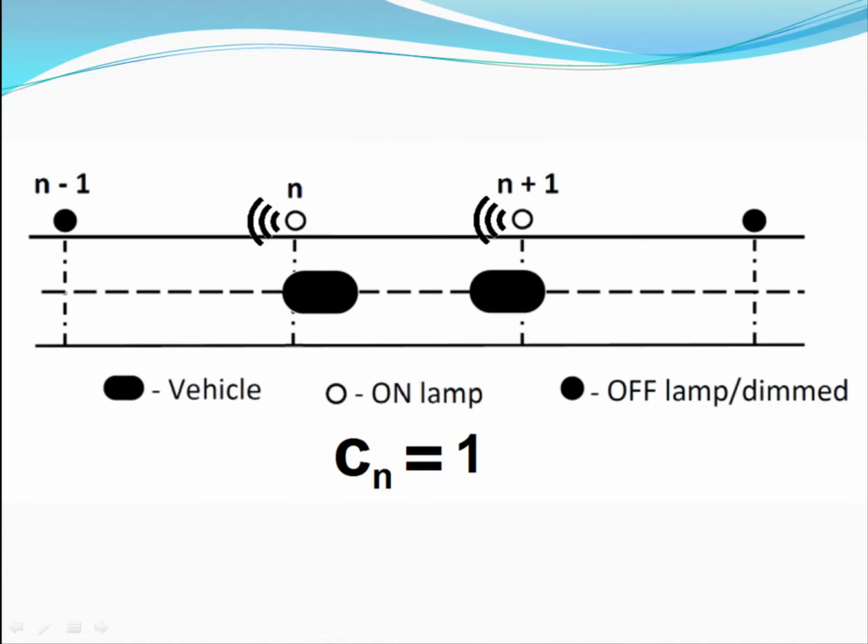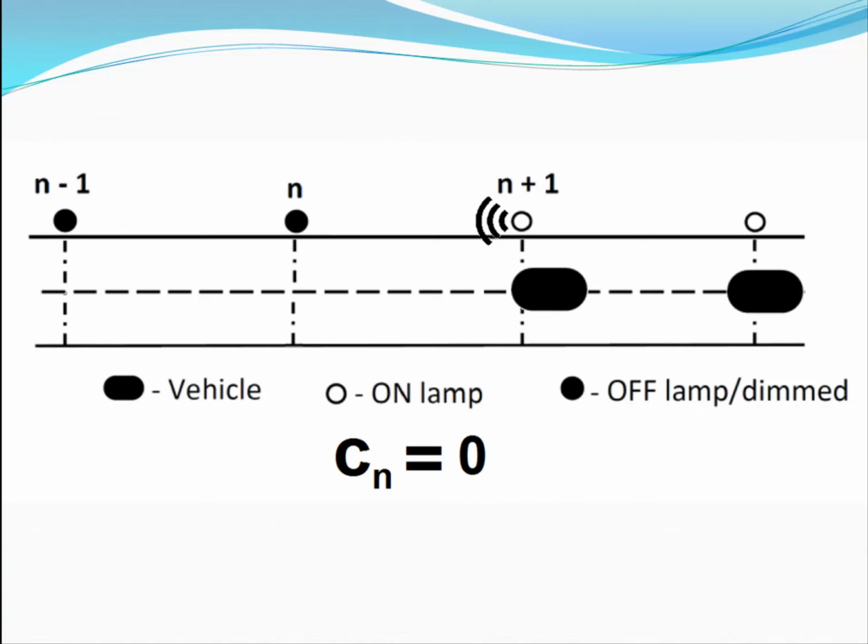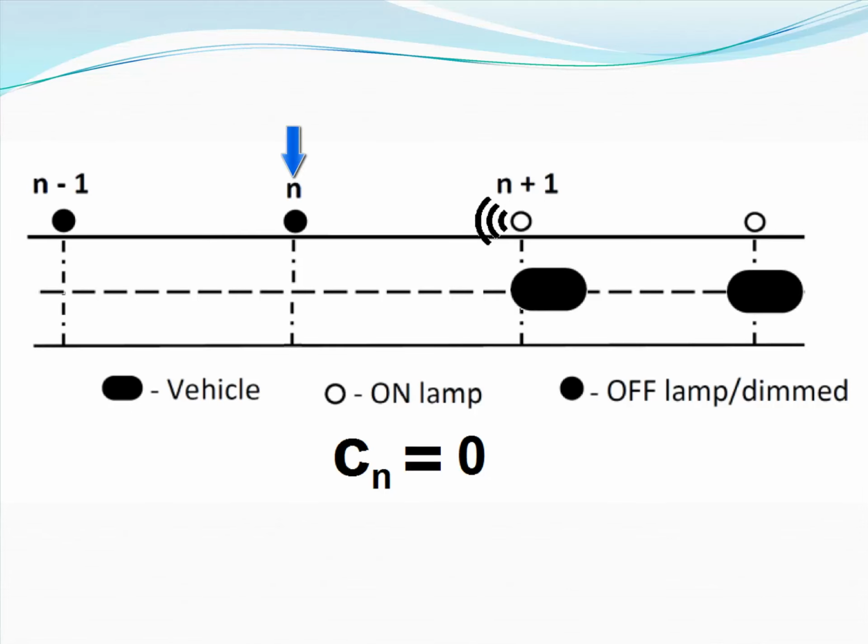Now the first car is leaving the section and entering the next section, so the next node senses the car and sends a message to the current node, which is the middle section, to decrement the counter, so the counter equals 1. Again the next car leaves, so the section is again empty and the lamp is turned off. The same process is repeated for all nodes.